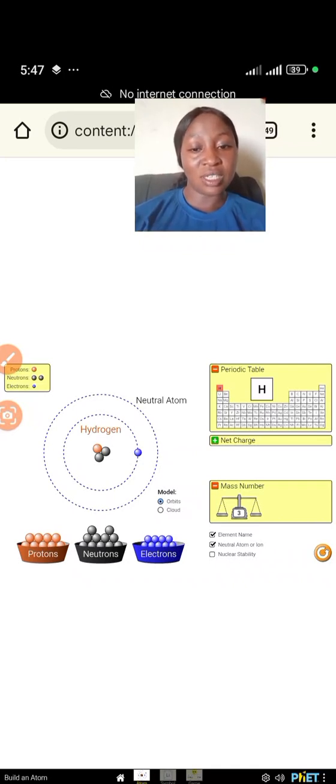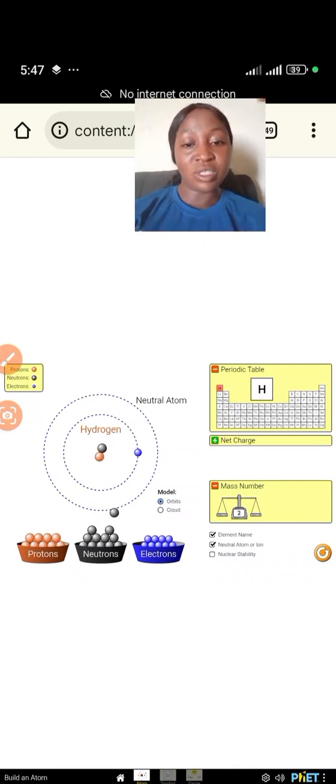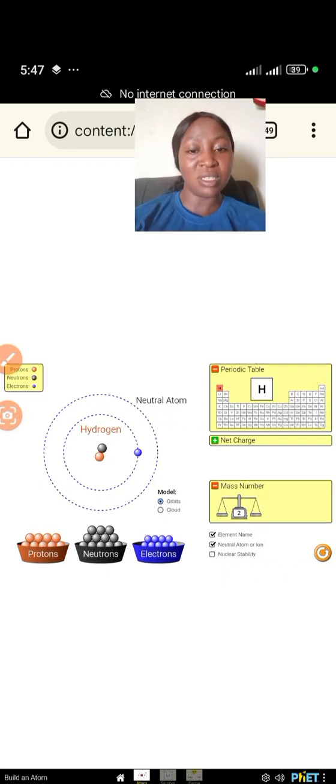Do you understand? If I remove this now, let's check the mass number. The mass number for this is 2. And how do you get this 2? The black one, which is the neutron, plus the orange color, which is the proton. So if you add the black plus that, you get the mass number.